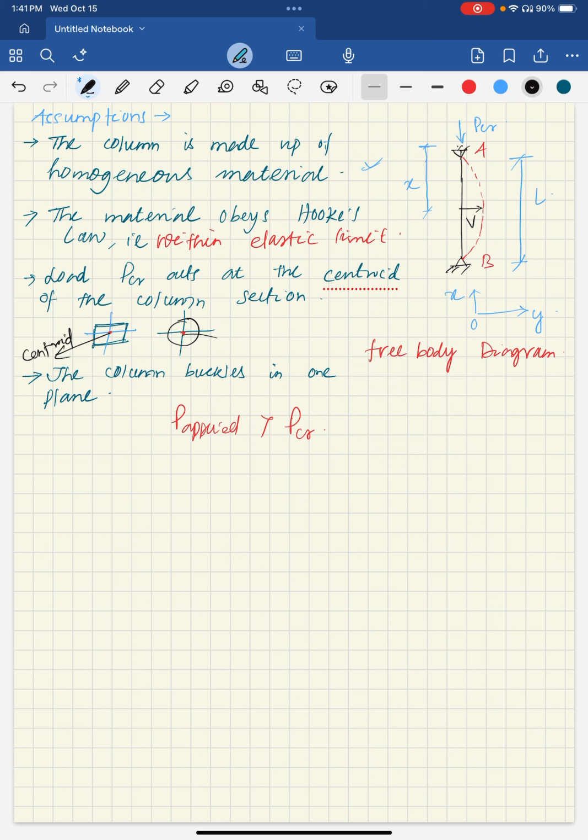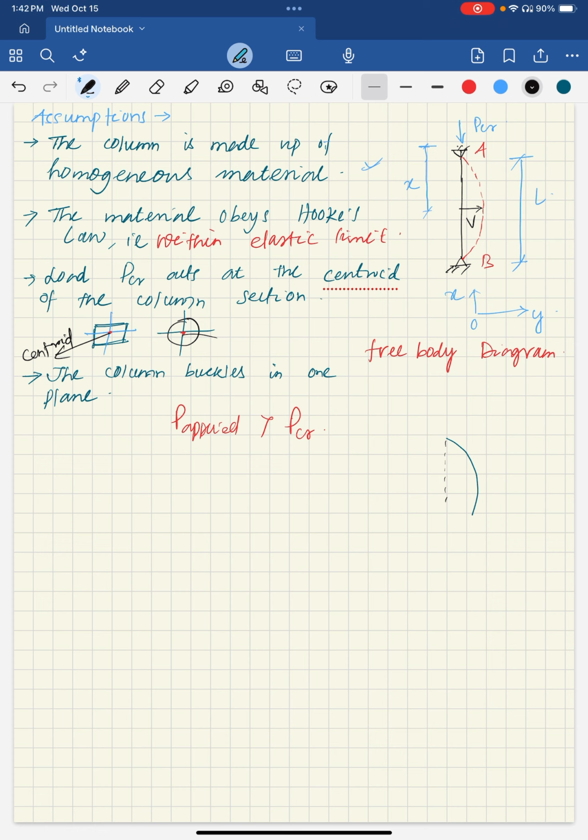Now, from the figure here at the top, I will get the free body diagram. As you can see, x is a distance which is calculated from the top AB. If I draw the free body diagram, it looks like this because it's already buckled.